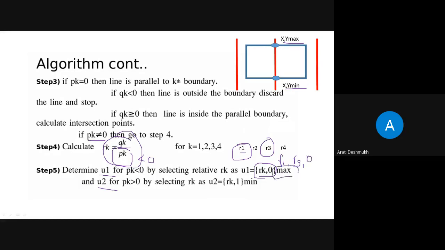Then we find out the maximum value like this. If pk is greater than 0, then r2 and r4 are used. When pk is greater than 0, u2 is the minimum of r2, r4 and 1. Then we find out the minimum value.